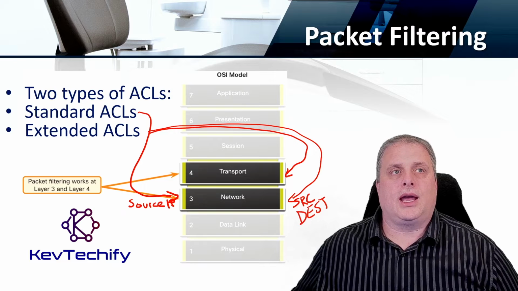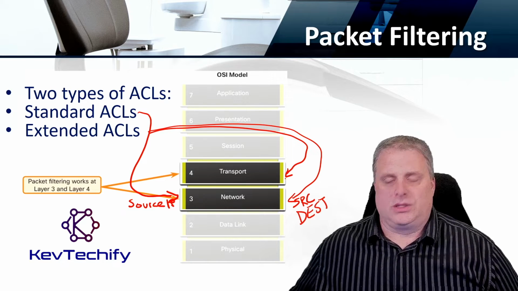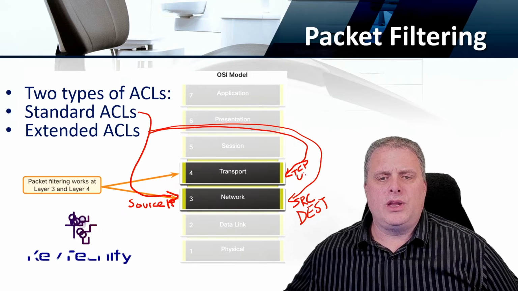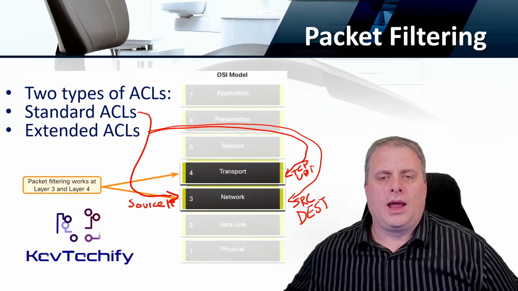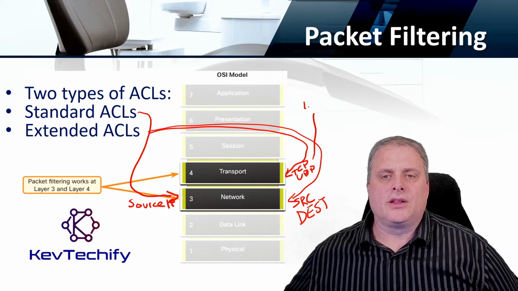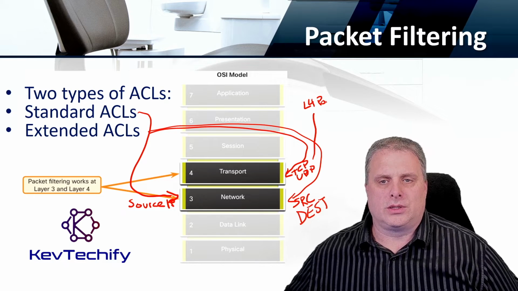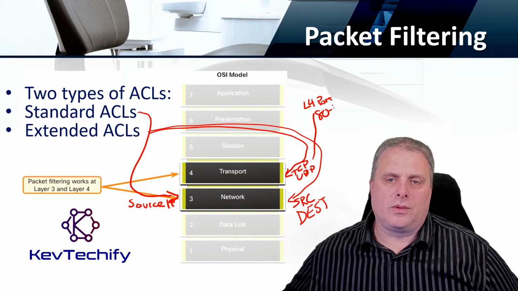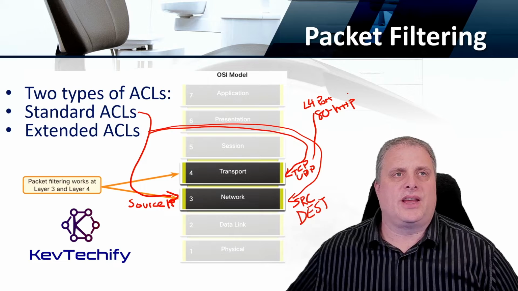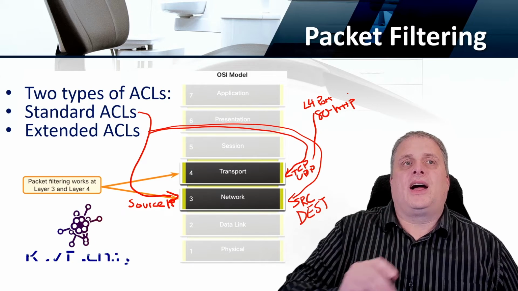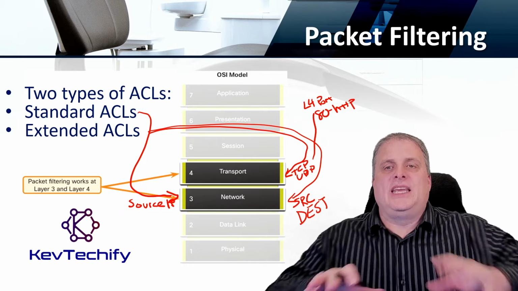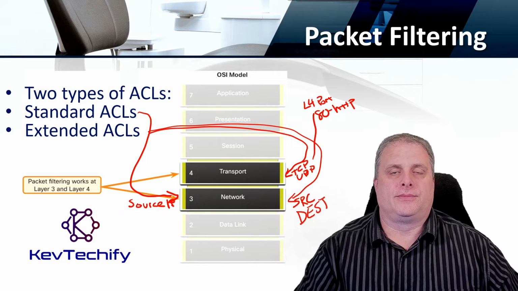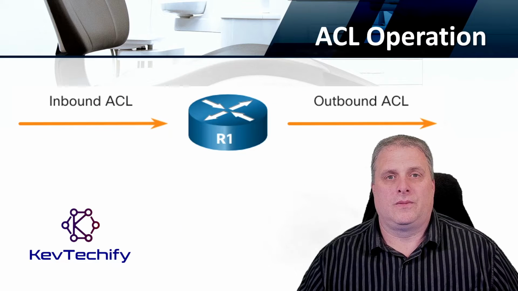It will look at those port numbers. It'll look at TCP. It'll look at UDP. And then it'll look at the layer 4 port numbers. And once again, a layer 4 port number example, port 80 is HTTP. We can filter on all that type of information to give us better granular control of what we are filtering.